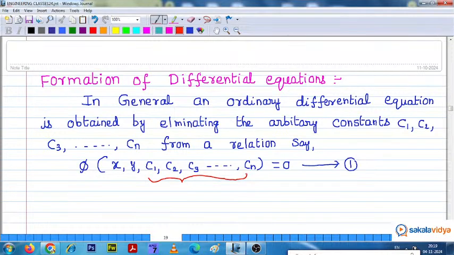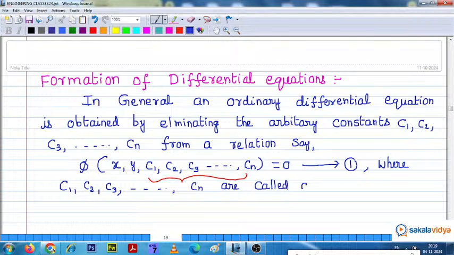Here we can say where C1, C2, C3 and so on Cn are called arbitrary constants. So in order to eliminate arbitrary constants, we need to differentiate it.